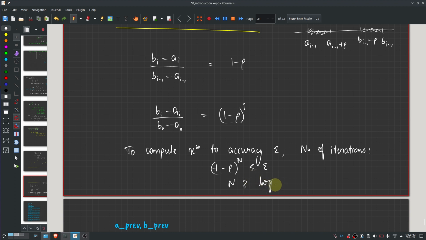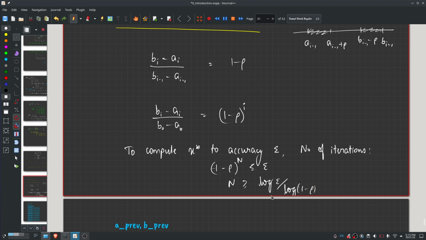Log epsilon to the base (1 minus rho). Are you sure that's correct? Okay, fine. Both of them are negative.